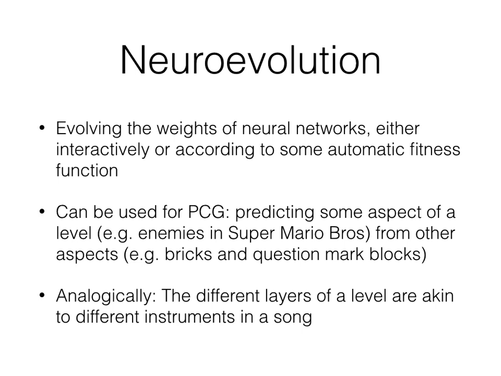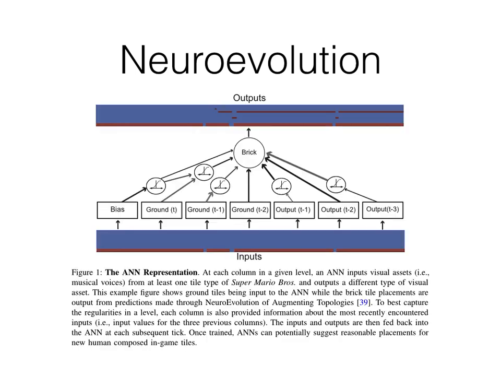So you have several different voices and you can predict the missing voices. The idea here was that we could predict, for example, the platform sizing from the ground and the positions of piranha plants and Koopas and so on.